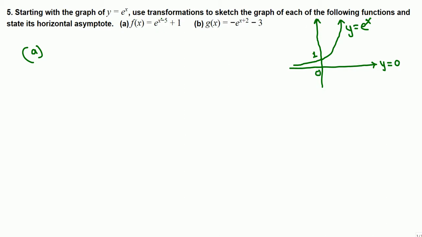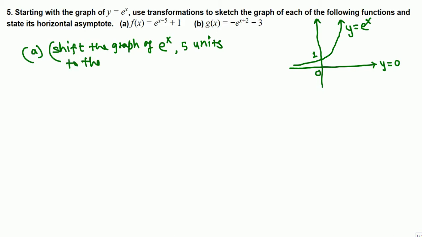So this minus 5 suggests shift the graph of e^x 5 units to the right, and plus 1 suggests go up 1 unit up.